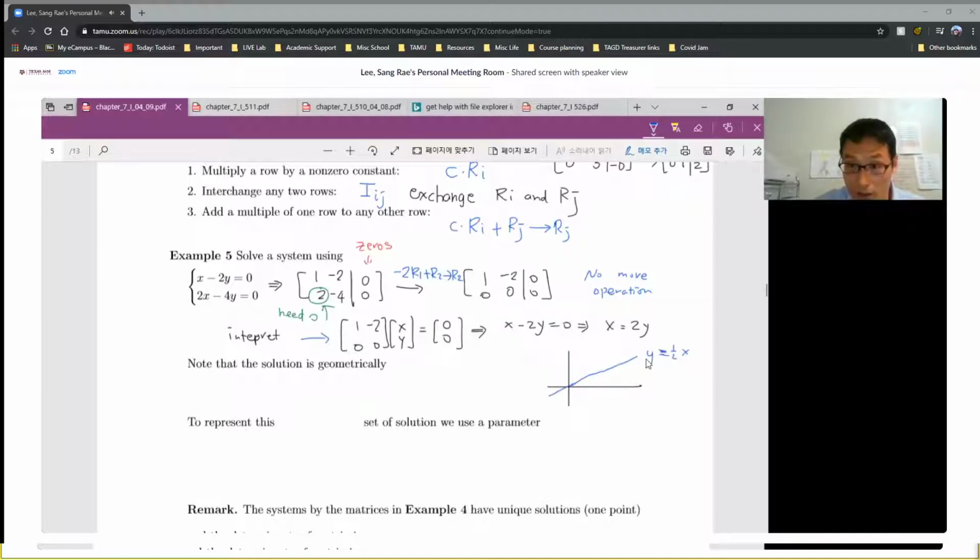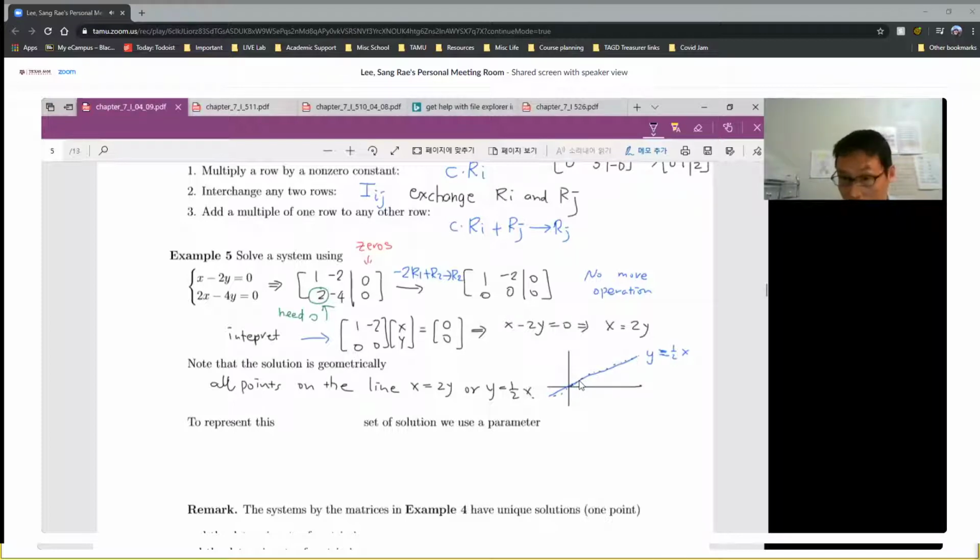And it turns out that geometrically the solution is all points on the line x equals 2y, or y equals half x. So basically we have infinitely many solutions. Every point on the line will give you a solution.